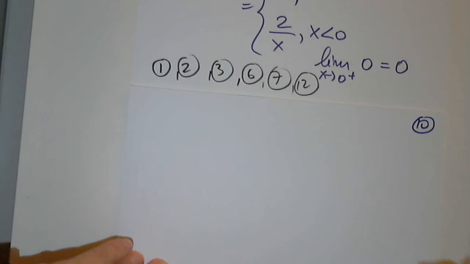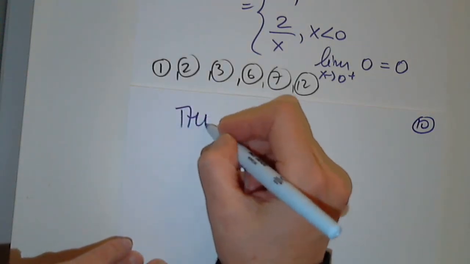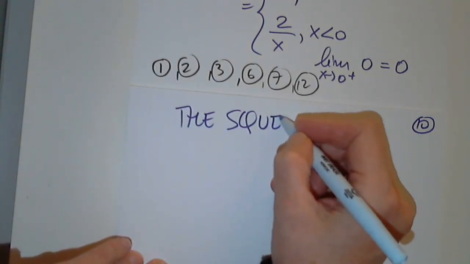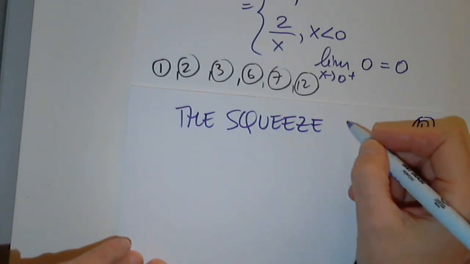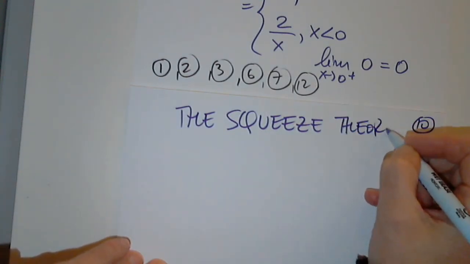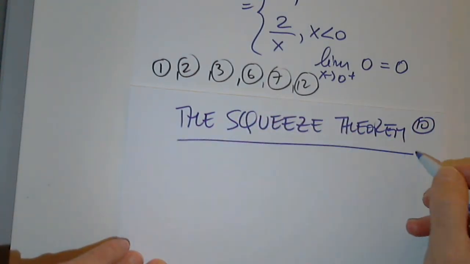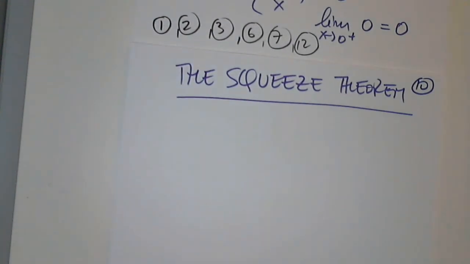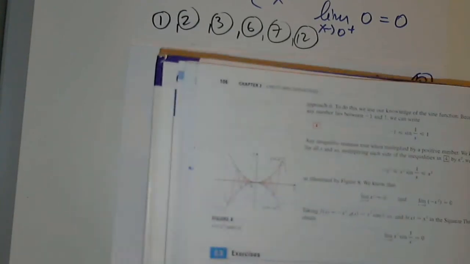Okay, so the squeeze theorem. So here is a graph. I like the graph from the book very much. I will graph the same thing, so it's better if I just show you this graph.